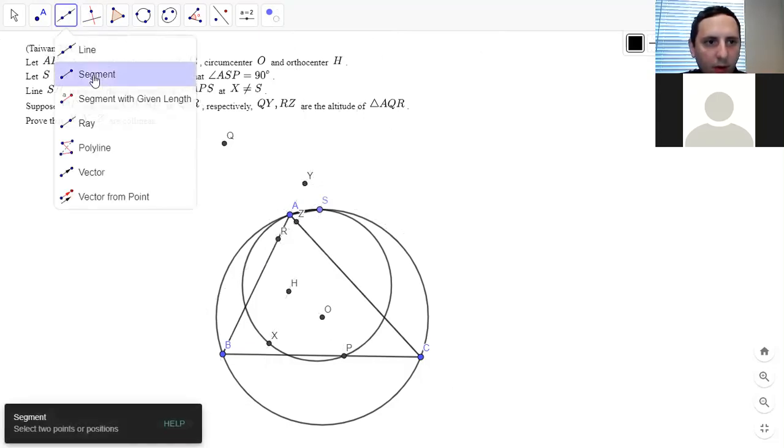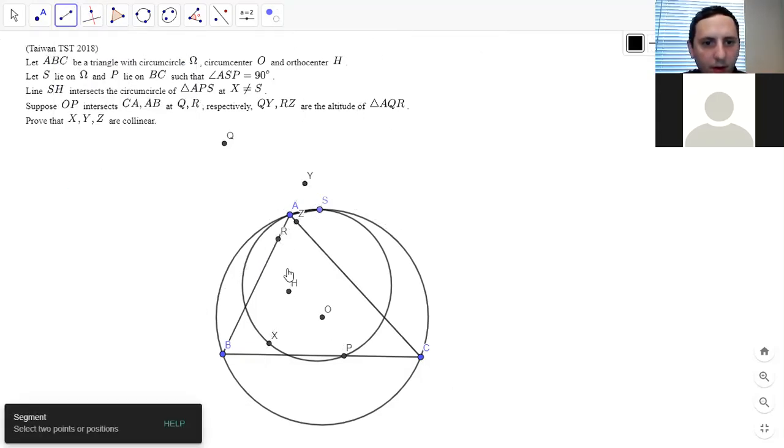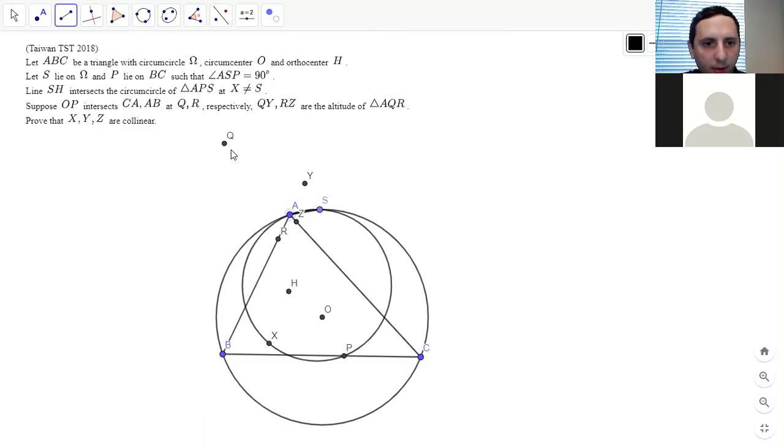So let me redraw a whole bunch of stuff. So there's ASP, and then so Q was okay. So I draw OP, O, P, R and Q are collinear, and then Y is the foot of the altitude from Q to AB, and Z is the foot of the altitude from R to AC.